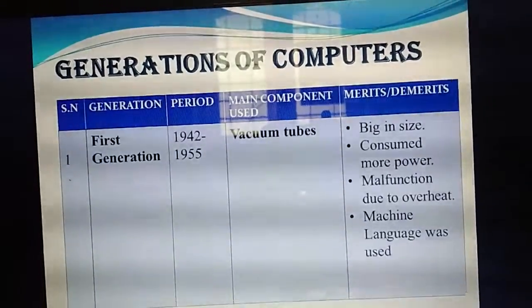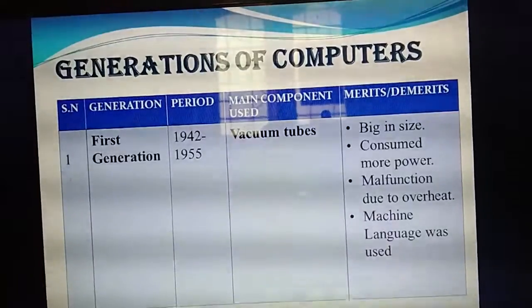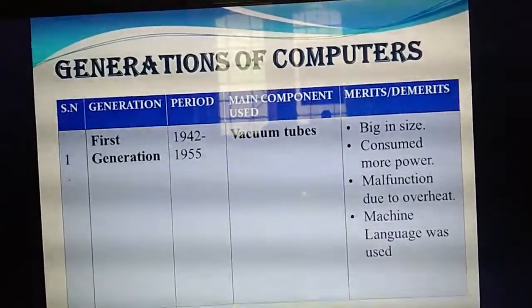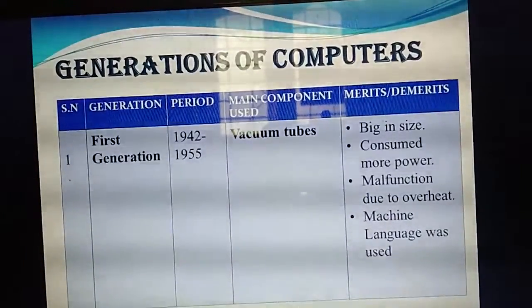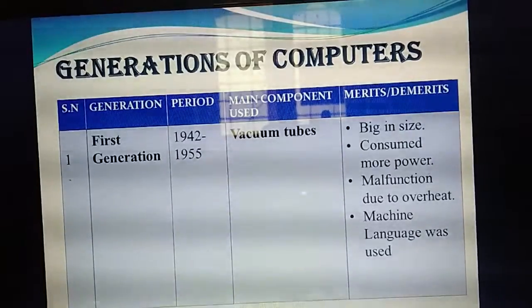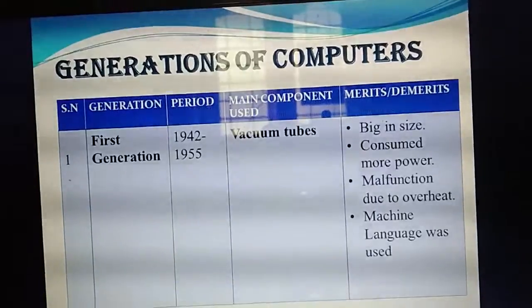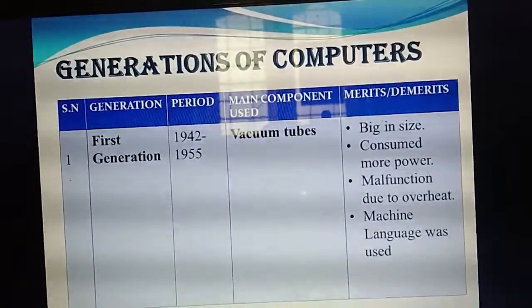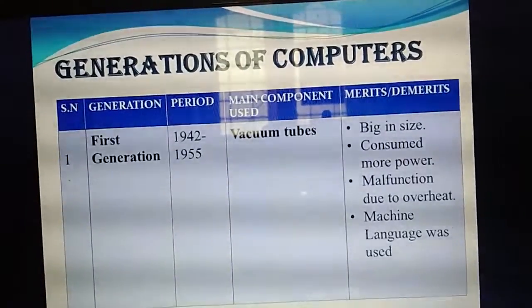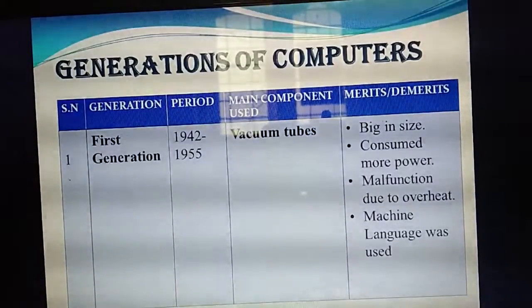Merits and demerits mean advantages as well as disadvantages. The disadvantage given is that vacuum tubes are big in size. In your textbook they have given the diagram, where a tube-like structure is called a vacuum tube. Compared to the next generation, the size is very, very big.